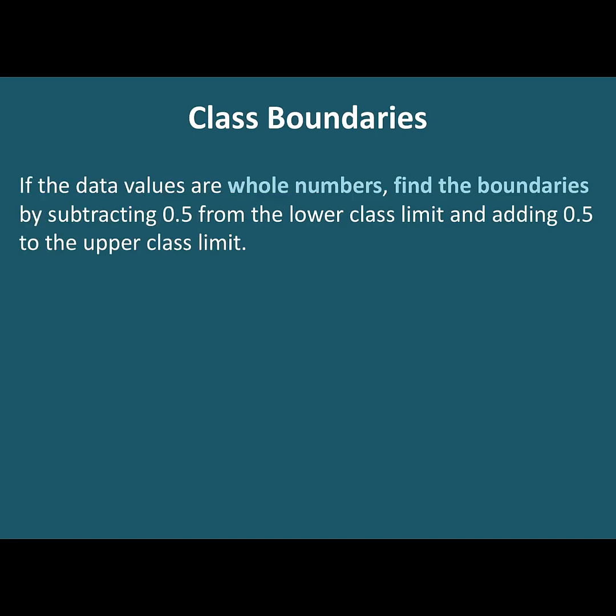Now, if the data values are whole numbers, find the boundaries by subtracting 0.5 from the lower class limit and adding 0.5 to the upper class limit. Once again, subtract 0.5 from the lower class limit, add 0.5 to the upper class limit.